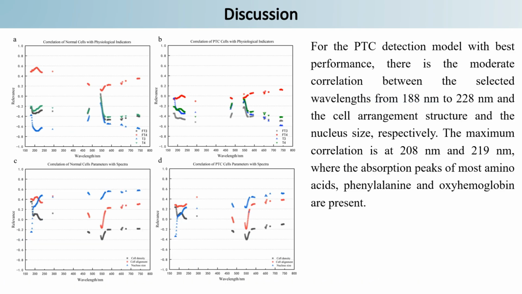Subsequently, in the spectral correlation plots for the best performing PTC assay model, the selected wavelengths showed moderate correlation with the cell alignment and nucleus sizes respectively. Meanwhile, the maximum correlations were found at 208 nanometers and 219 nanometers, which are the absorption peak positions of most amino acids, phenylalanine and oxyhemoglobin, increasing the clinical interpretability and reliability of the constructed models.